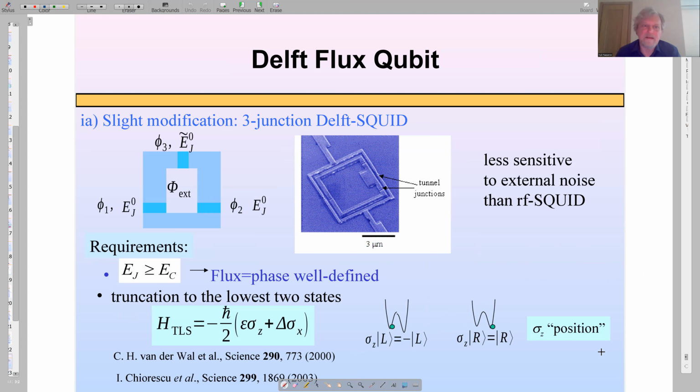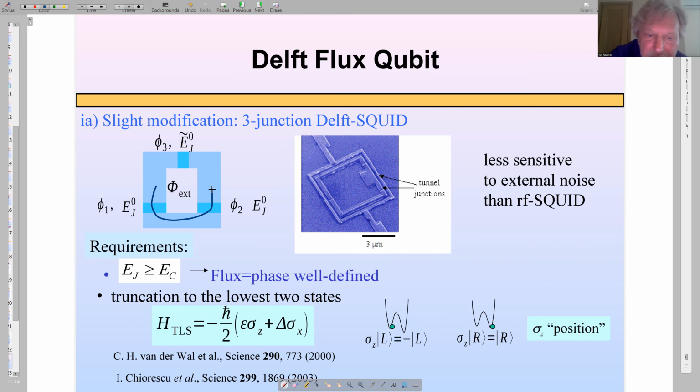In fact, inductors are not very technological, but the inductive loop can be represented with two Josephson junctions. So the resulting device, in fact, involved three Josephson junctions in a loop.